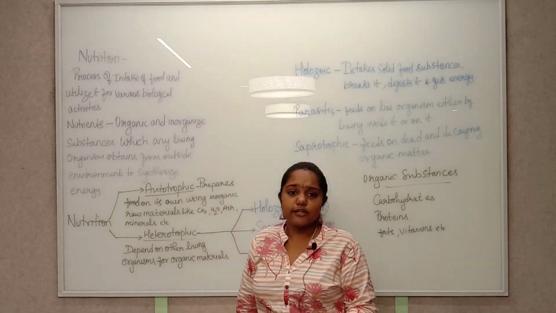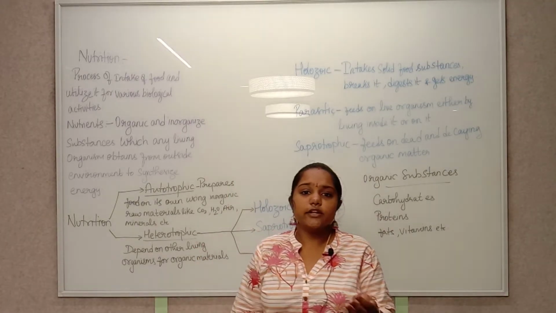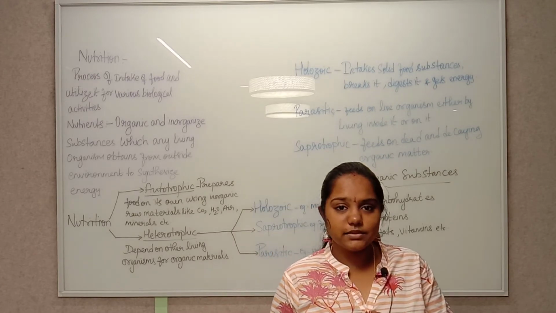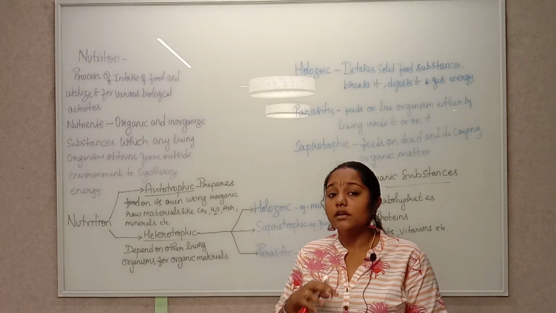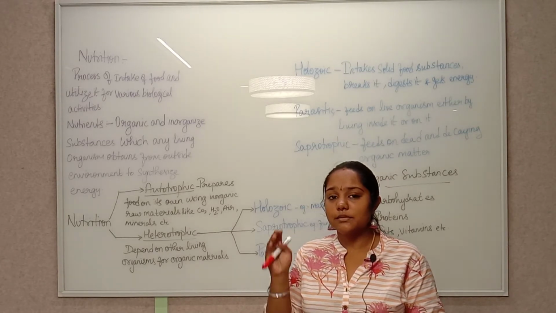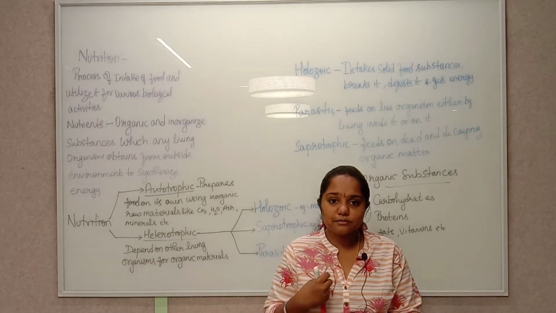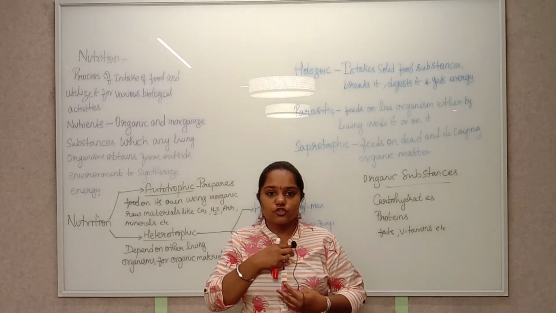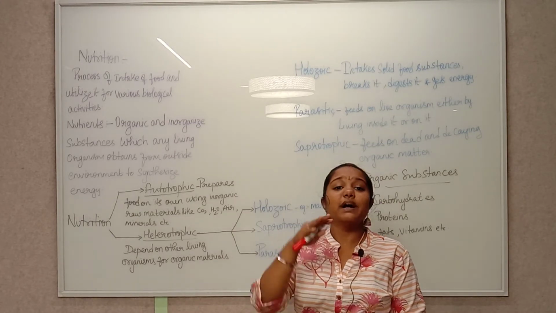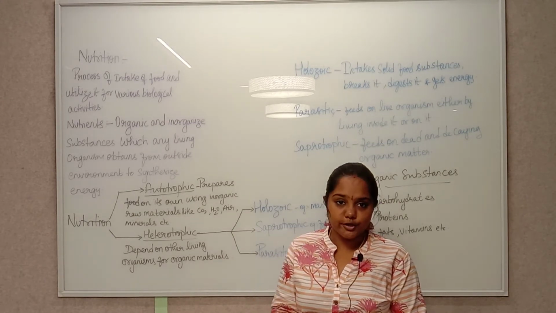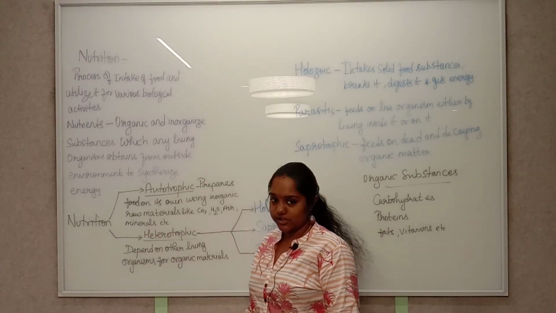Now when I say nutrition, before we see the types of nutrition, you need to understand that as humans we have hands to cook and grab the food. Do animals use them? Does a microorganism have hands to cook or to grab something? No, it is different. So, all living organisms perform nutrition but in different patterns, in different modes. That is what we are going to see under types of nutrition.